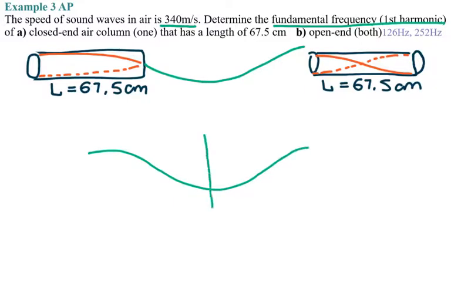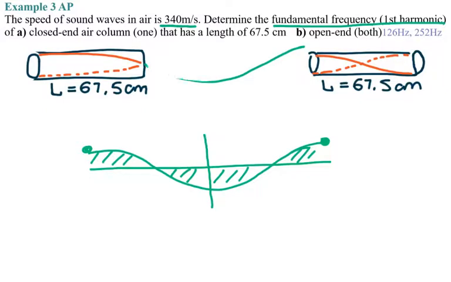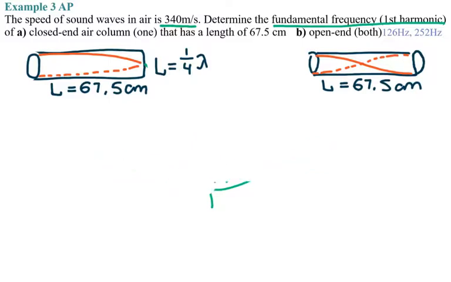When it's closed on one end, I have 1, 2, 3, 4 parts of one wavelength from crest to crest. What I see in my first picture is only 1/4 of it. In the lessons I explained that you don't have to memorize, it's easier to derive than memorize. So L is equal to only 1/4 of the wavelength.